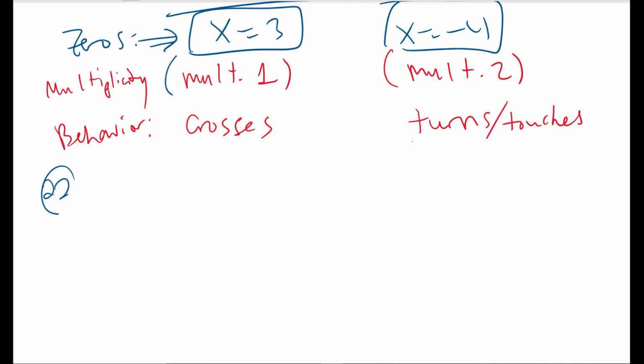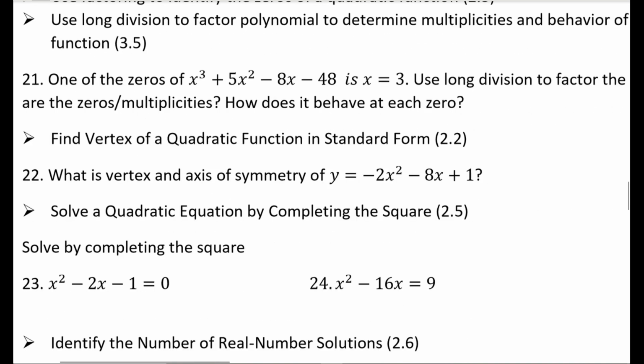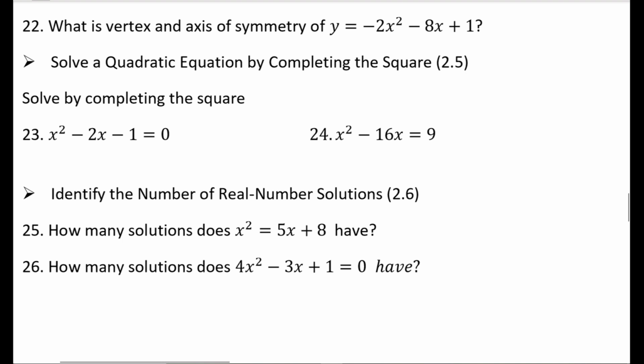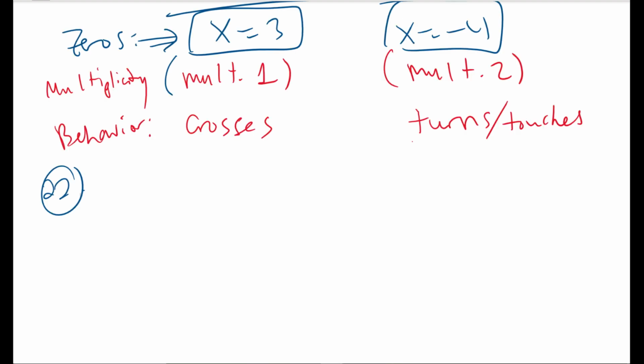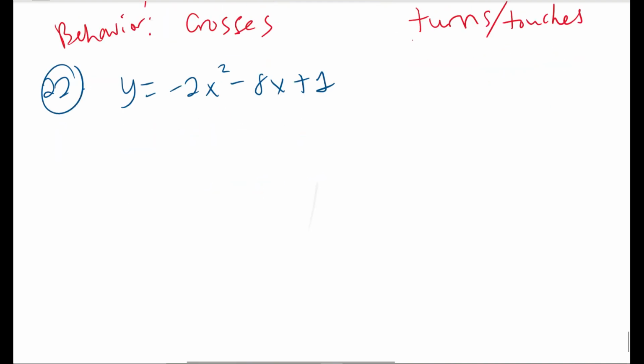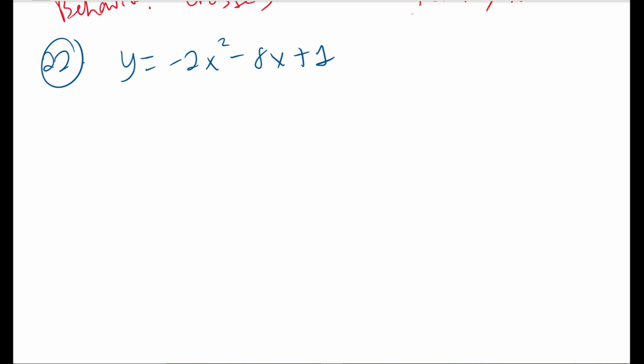Let's look at number 22. What is the vertex and axis of symmetry of negative 2x squared minus 8x plus 1? All right, so we want to find the vertex, so that means we're going to use the formula negative b over 2a.